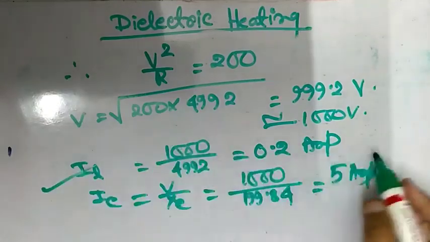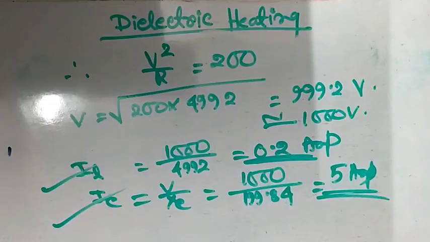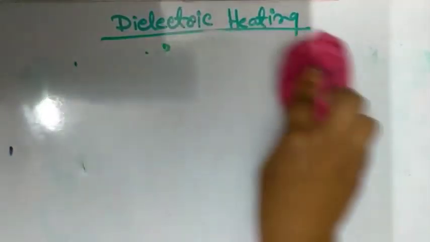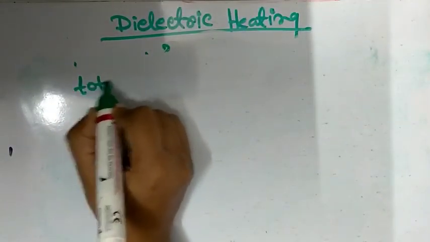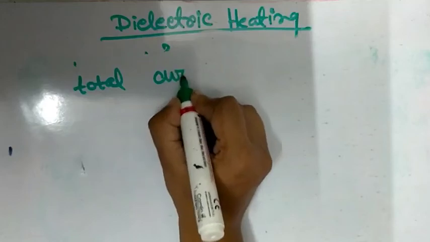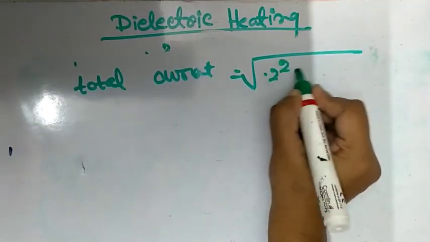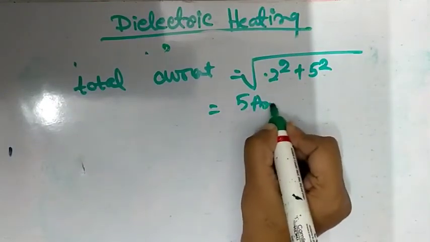So this is the IL 0.2 and this is IC 5 ampere. So total current is root over 0.2 square plus 5 square, about 5 ampere.